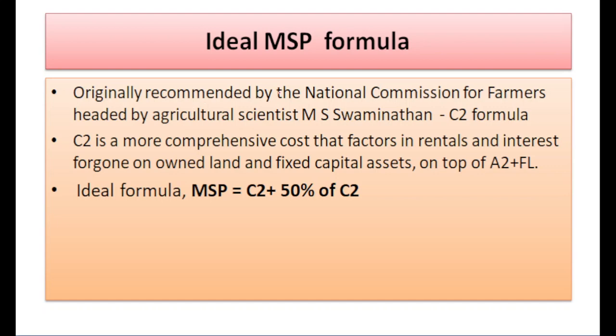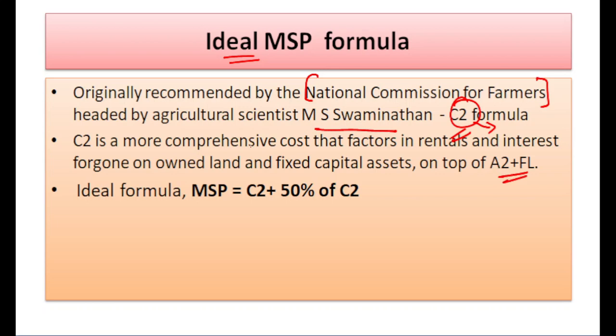And in the recommendation of the National Commission for Farmers, which was headed by MS Swaminathan, there was a different formula called the C2 formula. C2 formula is the comprehensive cost formula. This is the ideal formula because it involves more costs than the earlier current A2 plus FL formula.